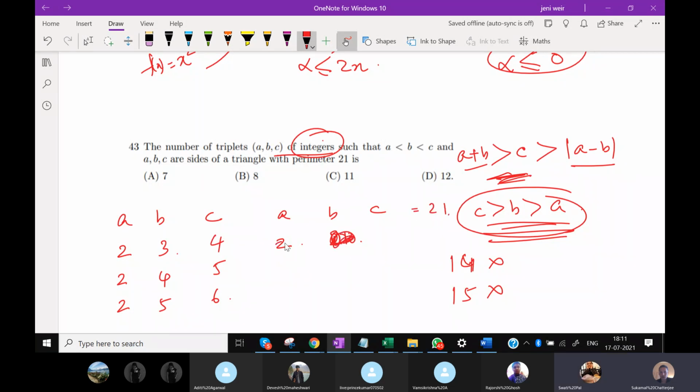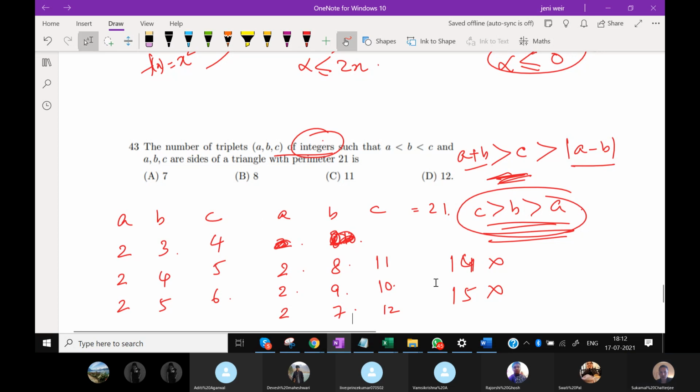Sir, so it could be 11. So if this is 2 and this is 11, then this can be 13. This can be 8, right? So if this is 2 and this is 10, then this can be 12 and 9, right? So 2, 10, 9, 2, 11, 8, then 2, 12, 14, and 7, right?